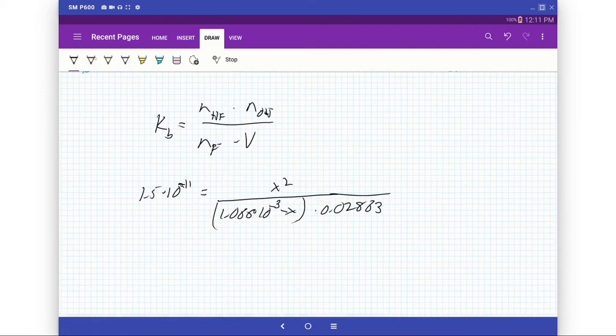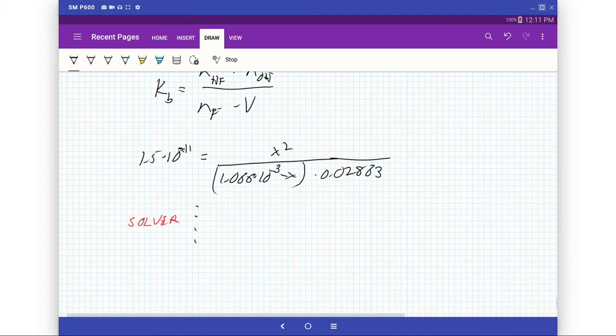Again, you could make the approximation and do all that sort of fun stuff. I'm just going to say I'm using solver. And solver is going to give me an x of 2.144 times 10 to the minus 8.